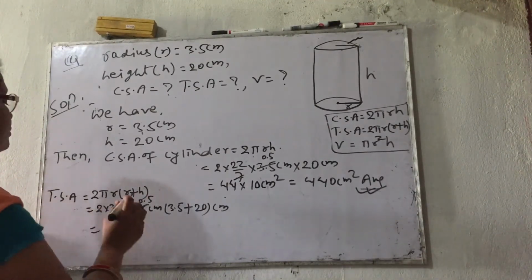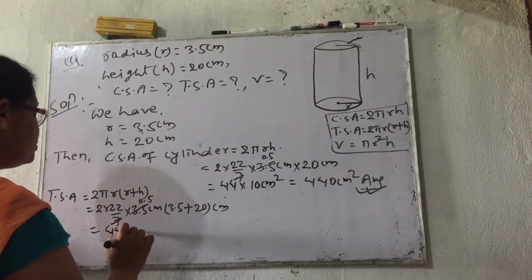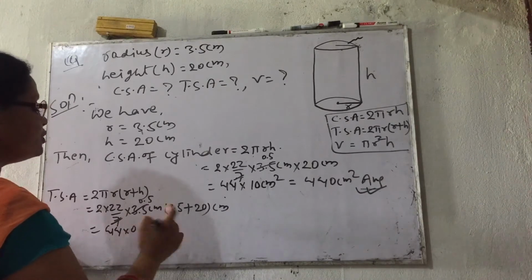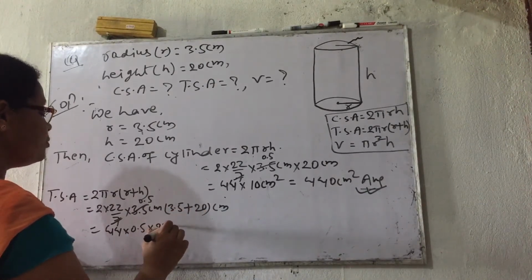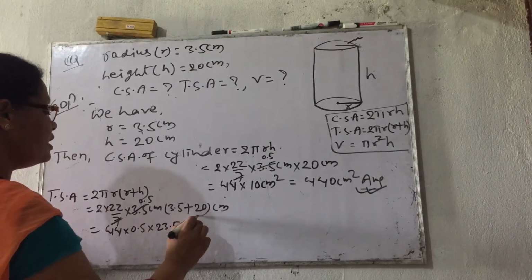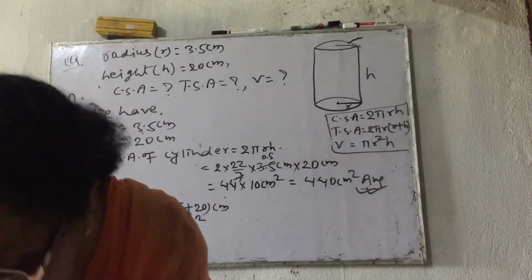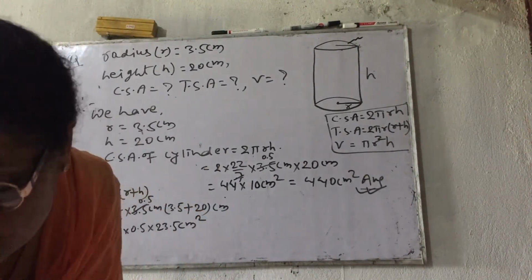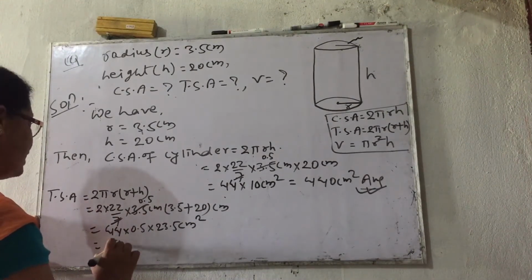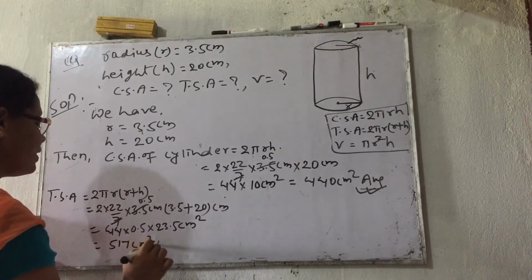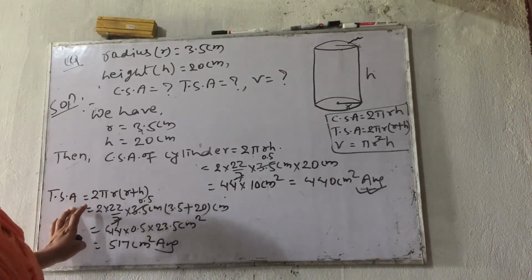So it will be 22 to the 44 into 0.5 into, after adding this, 23.5 cm square. Now altogether after multiplying you will get 517 cm square as its TSA. It is the total surface area of the cylinder.